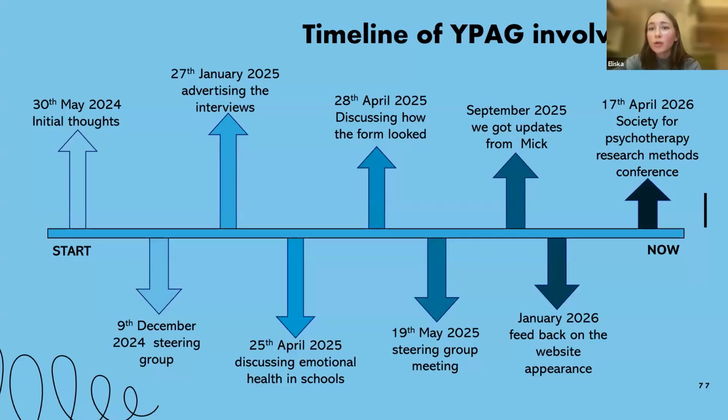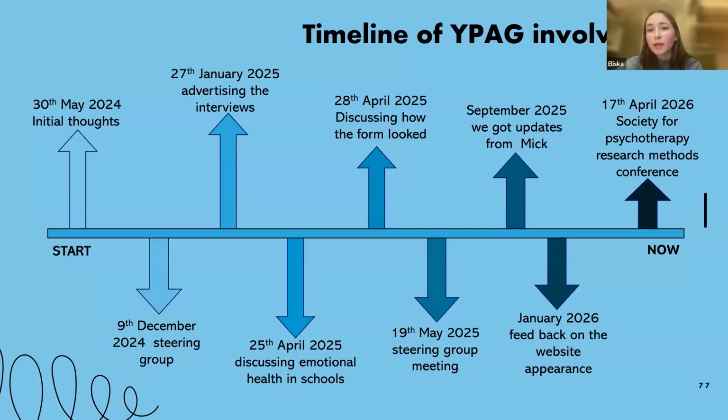So we also talked about how the U-PIC form could be used, and lots of people brought up the fact that we would feel quite uncomfortable filling in a form right in front of the therapist, and we were saying it would be great if the form could be given to complete in our own time. And we were also saying that an online version would be really good and accessible, especially to young people. So it's very nice that it's available on the website as well as in person on a physical paper copy.